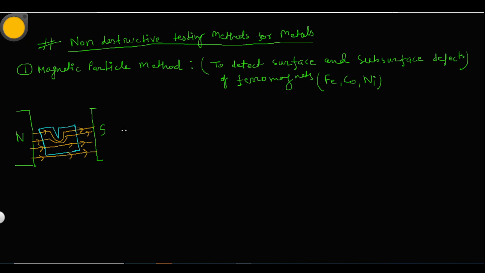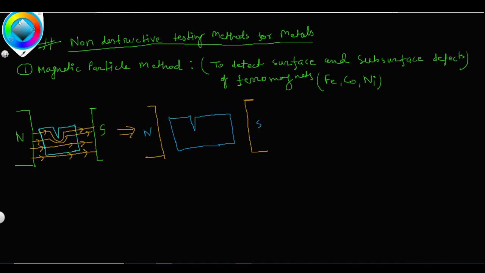Now what we will do, we will place magnetic material on the metal surface to know the exact position of the defect. So this is the metal with the defect, this is north and this is south.